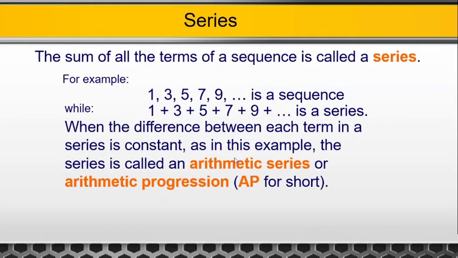When the difference between each term in a series is constant, as in this example, the series is called an arithmetic series or arithmetic progression. So this is actually an arithmetic series because there is a common difference in the sequence. The common difference is 2.